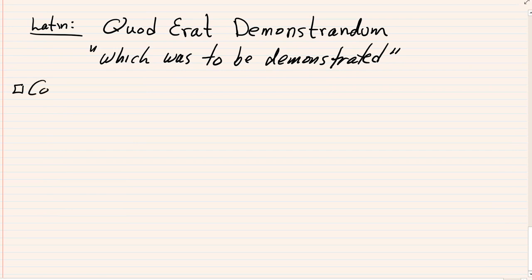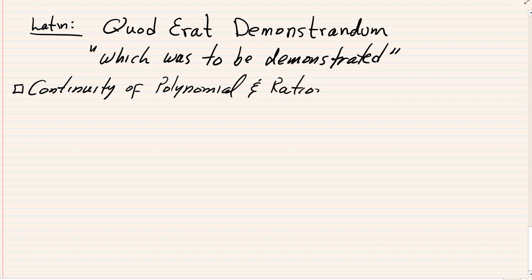So we're talking about the continuity of polynomial and rational functions. Now both of those are good functions to work with. Polynomials are the best ones, and we would love polynomial functions.